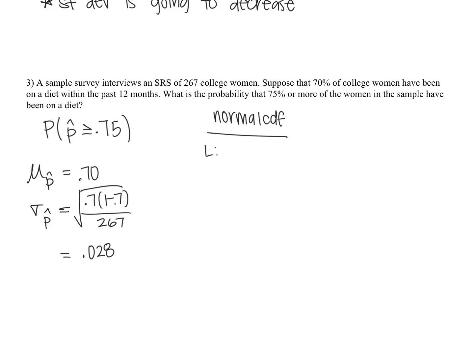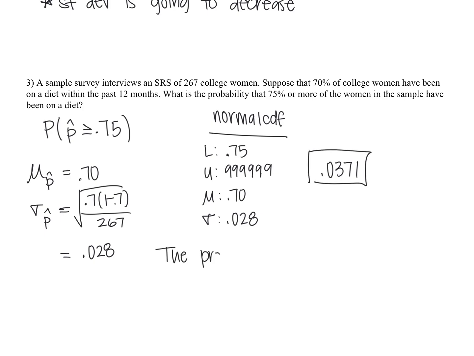Our lower bound is going to be 0.75. Upper bound is the 9s, or 1E99. Mean of 0.70. Standard deviation 0.028. And we are going to get a probability of 0.0371.